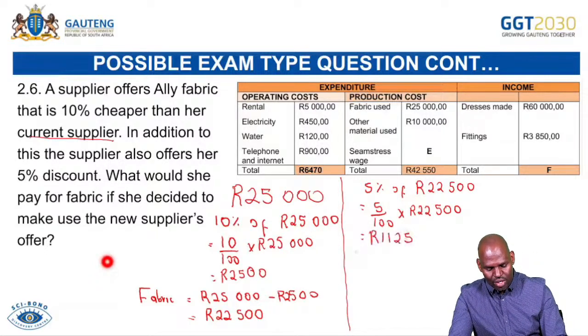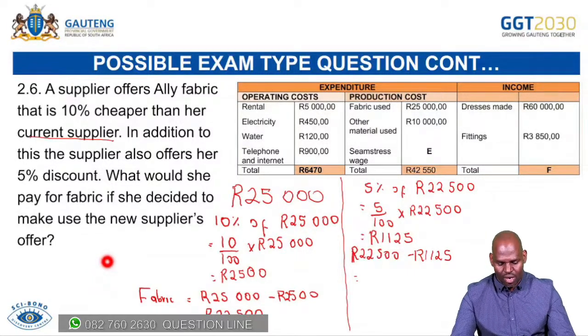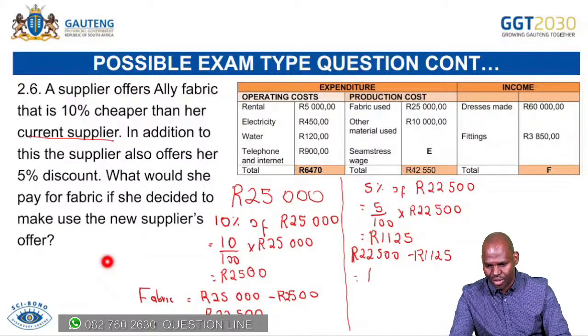So in the end, the amount will be 22,500 minus 1,125. So this is 21,375.